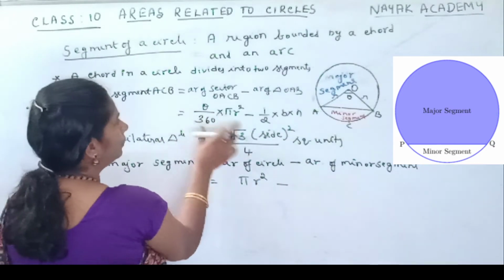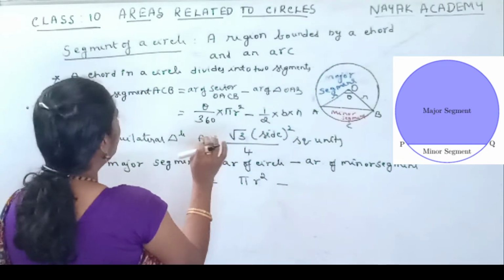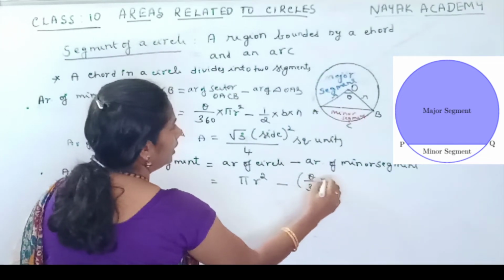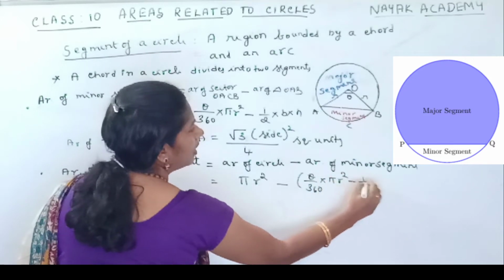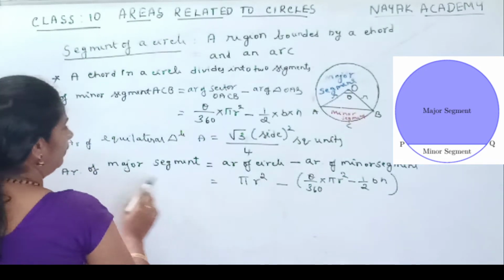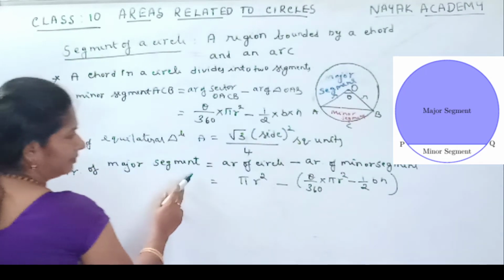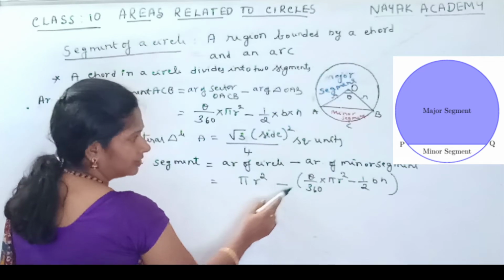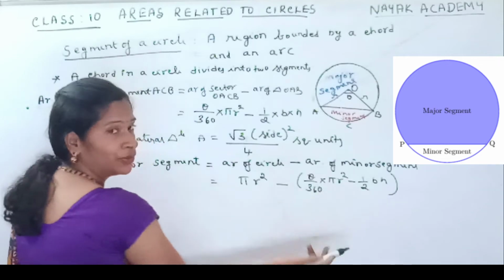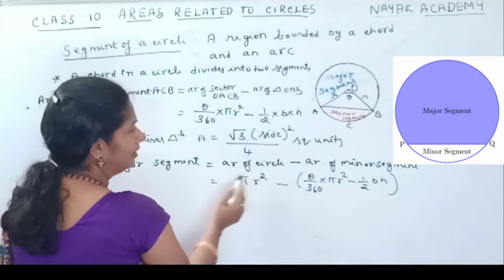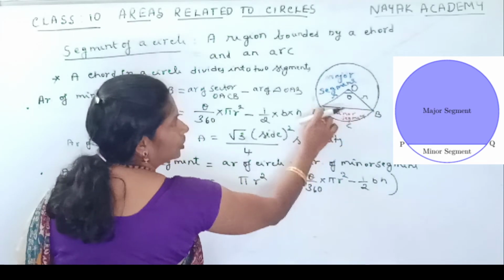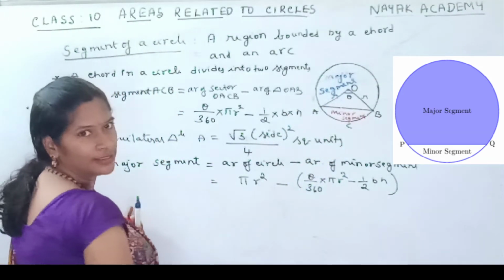You already know how to find the area of a minor segment, that is theta by 360 degree into pi r square minus half into base into height. So you can find the area of the major segment using the formula pi r square minus theta by 360 degree into pi r square minus half base into height. Don't memorize it, children. Try to understand: area of the circle minus area of the minor segment, you will get area of the major segment.